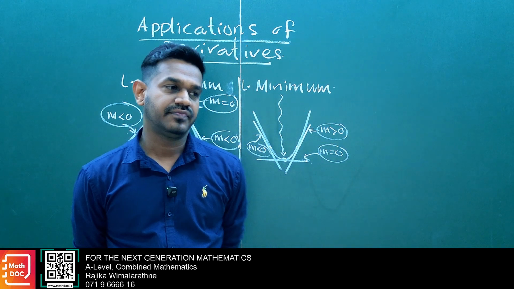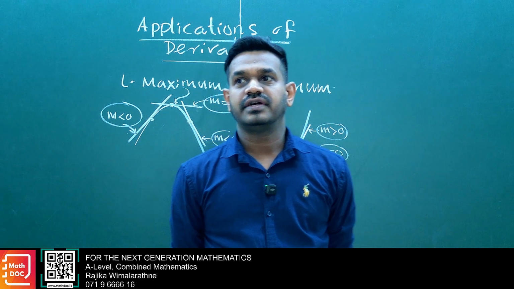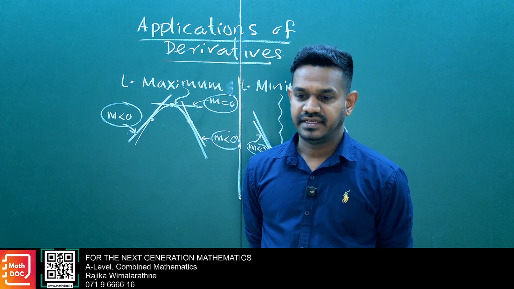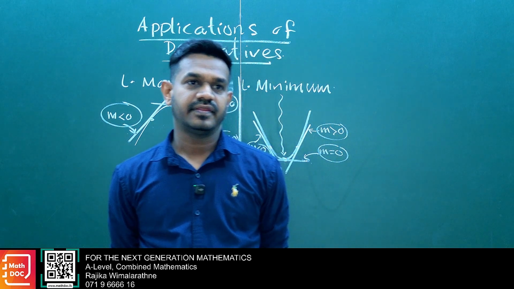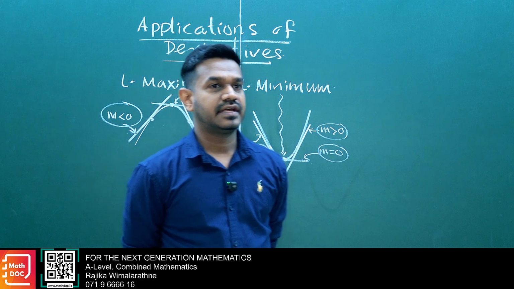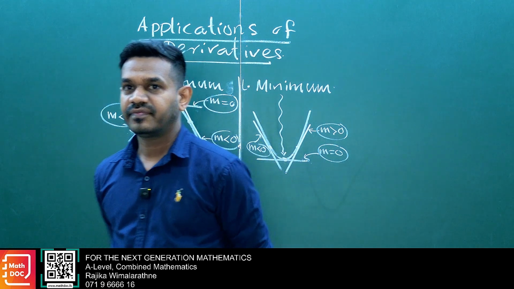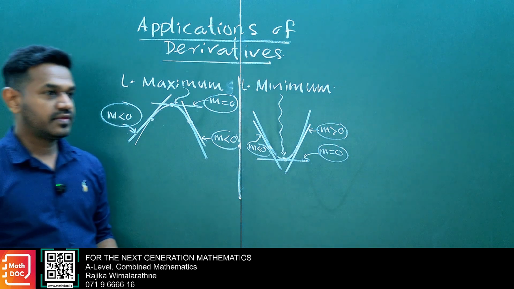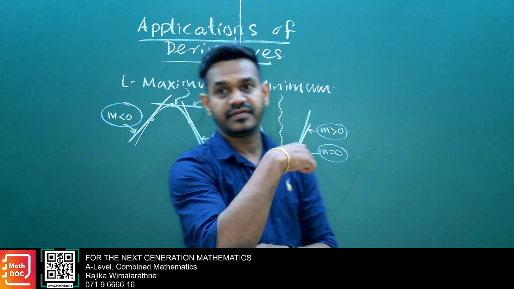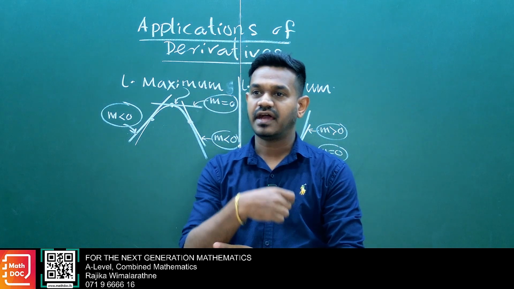Example: the volume of a cylinder varies with radius and height.